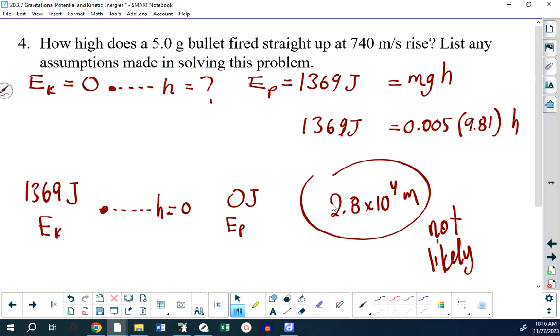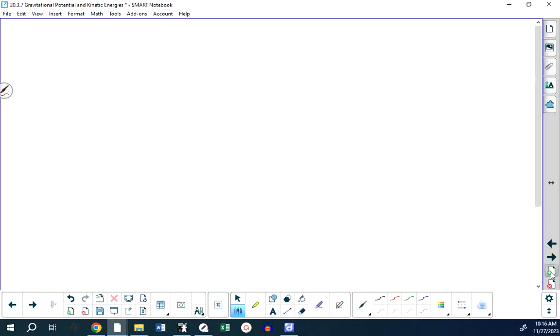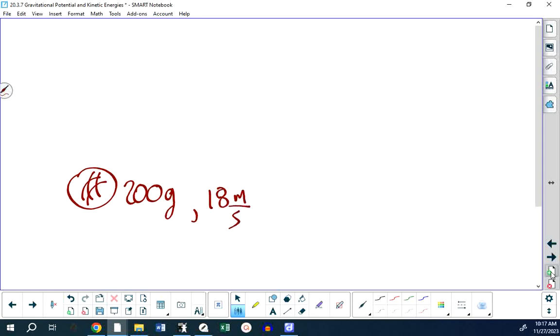200 grams at 18. So this is just leading up to what we're going to be doing in a few days.